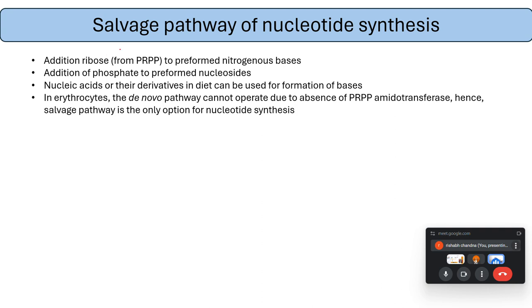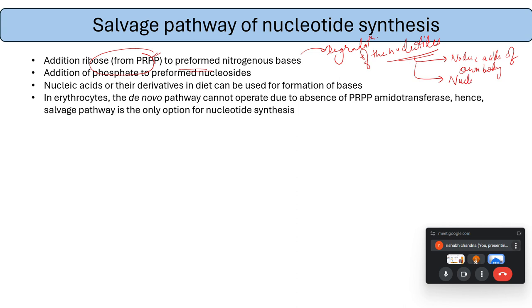As we discussed, the ribose is attached to the preformed nitrogenous bases that are formed by the degradation of nucleotides. These nucleic acids can be either the nucleic acids of our own body or the nucleic acids that come from our food.